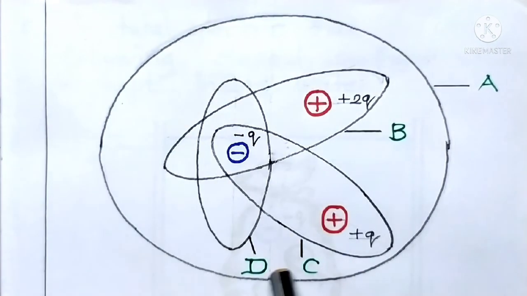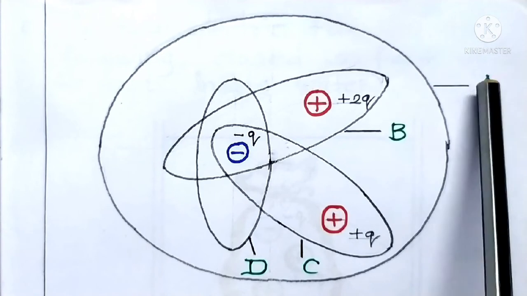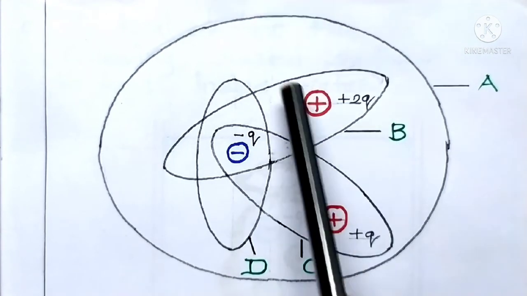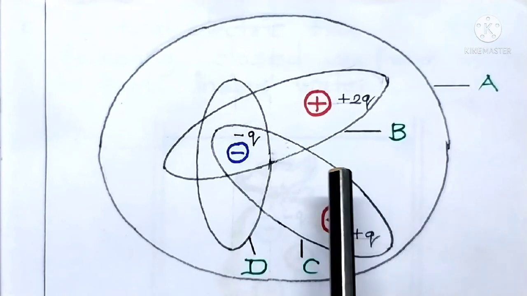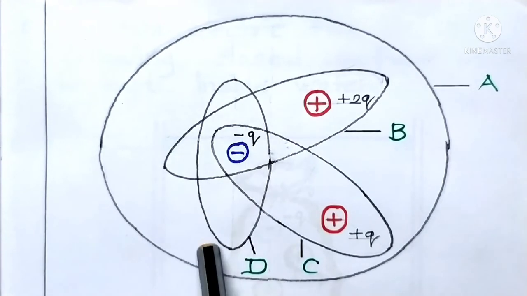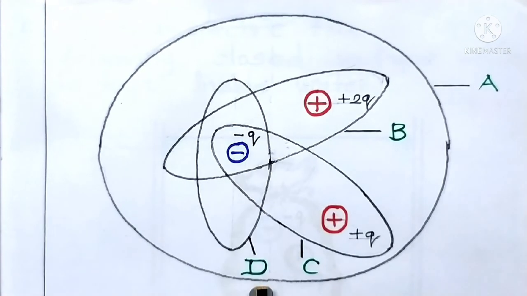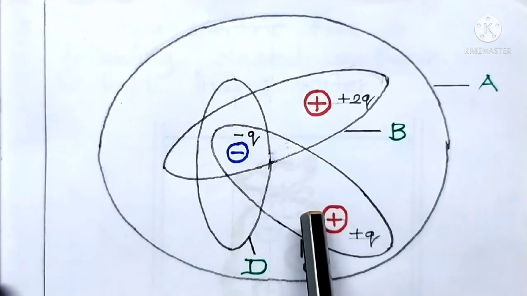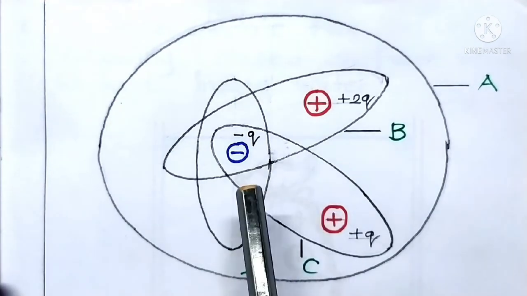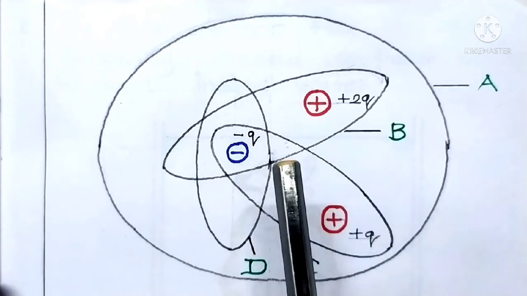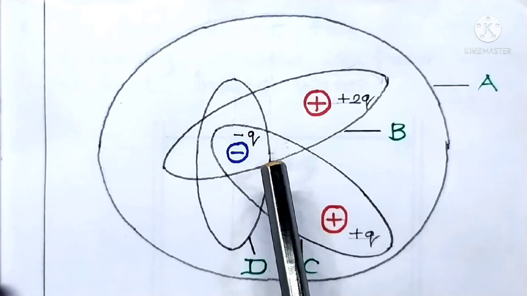The largest one is A, and here comes another Gaussian surface named B, and another named C, and at last the smallest one is named D. We are supposed to find out the electric flux in each Gaussian surface.